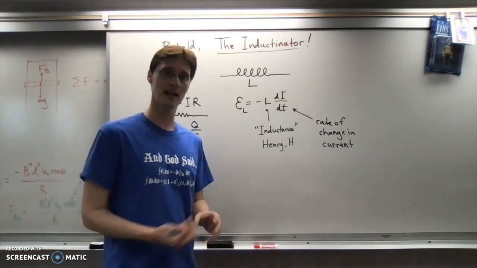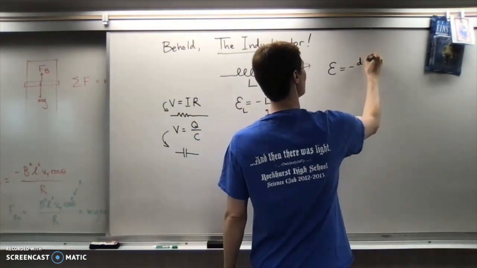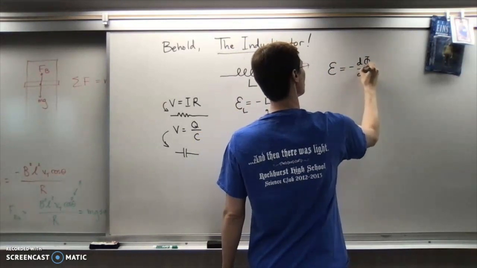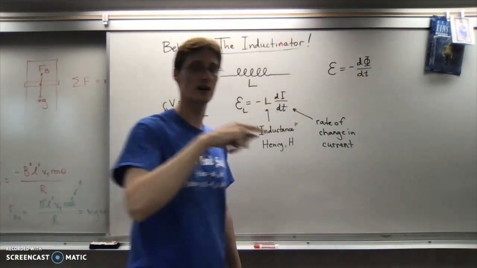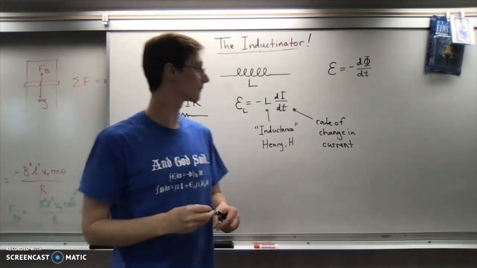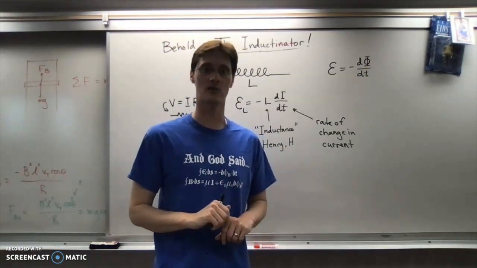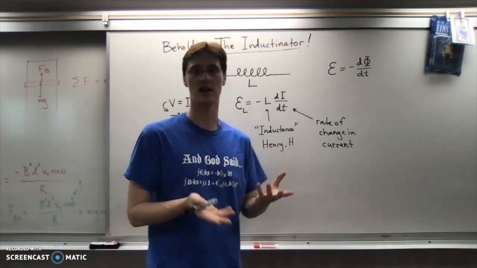When we did Faraday's law of electromagnetic induction, Faraday said the induced EMF is proportional to the rate of change in the flux through a loop. It didn't matter what value the flux was. All that mattered was the rate at which it was changing, all right?